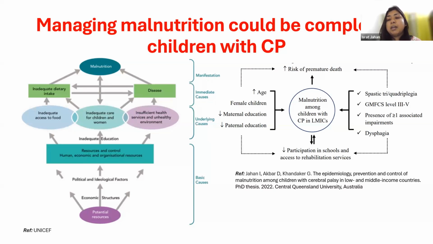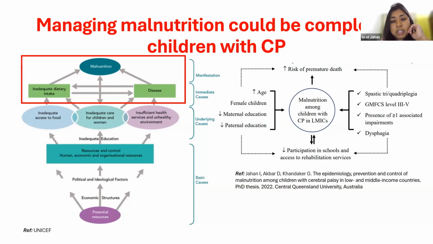Now, these two diagrams basically define that when we are planning a program or intervention to prevent and control malnutrition, it's not the dietary intake only, and it's not addressing the clinical needs only. It has to be a whole comprehensive program, otherwise, with immediate treatment the child would improve, but then once returned to the community without a sustainable plan, the child will return to the red flag zone again.